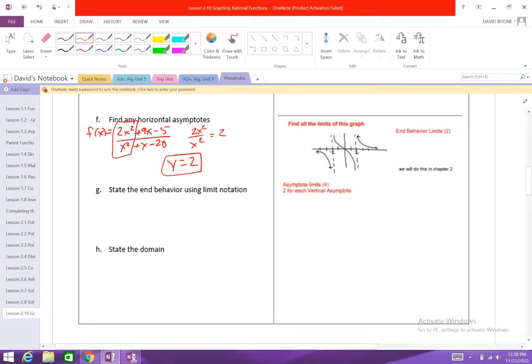Part G, state the end behavior using limit notation. Well, what I do know is I do have a horizontal asymptote at y equals 2.